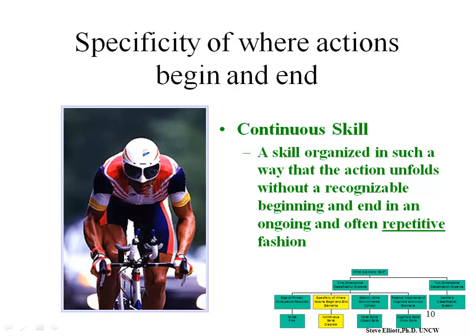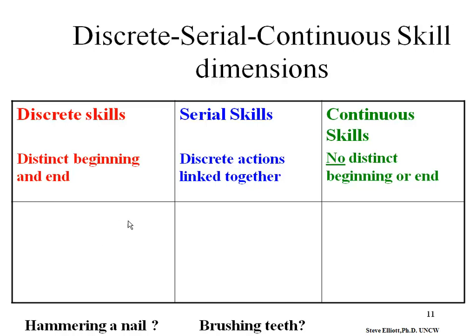Continuous skills are skills that don't have well-defined beginnings and ends and tend to be repetitive. So you might think of running, swimming, riding a bike. It's the same thing over and over, where we can't necessarily see where skills begin and end.